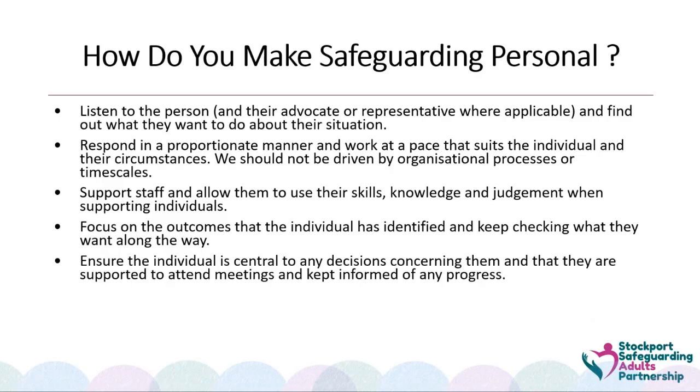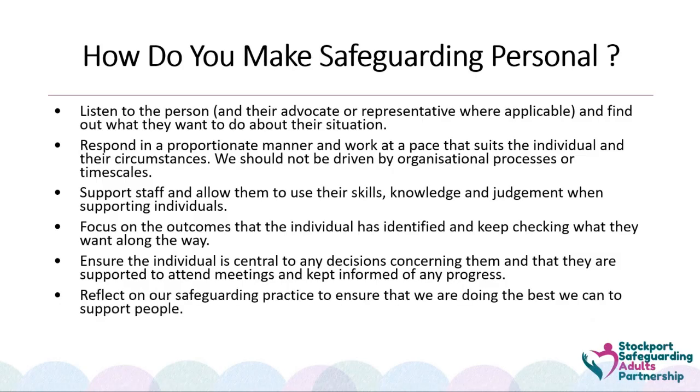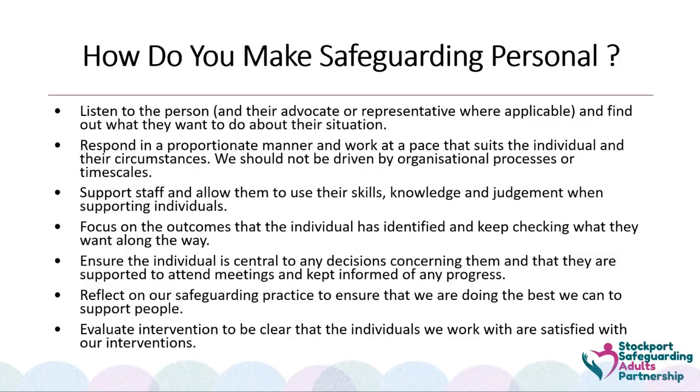Ensure the individual is central to any decisions concerning them and that they are supported to attend meetings and kept informed of any progress. Reflect on our safeguarding practice to ensure that we are doing the best that we can to support people, and evaluate interventions to be clear that the individuals we work with are satisfied with our interventions.